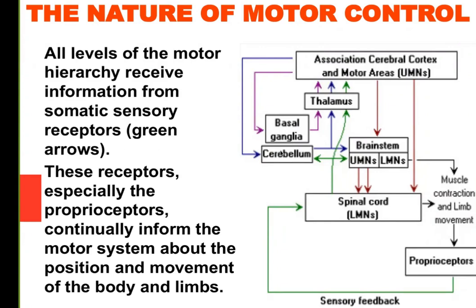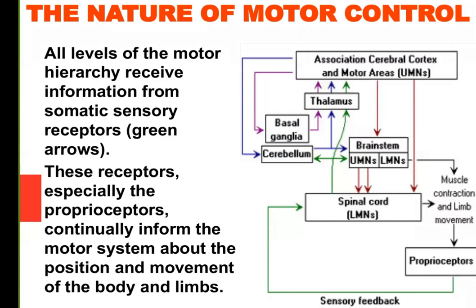Different parts of our central neuron system have different prevalence between excitation and inhibition. But in general, we use common principles, the principle of hierarchy in our central neuron system.